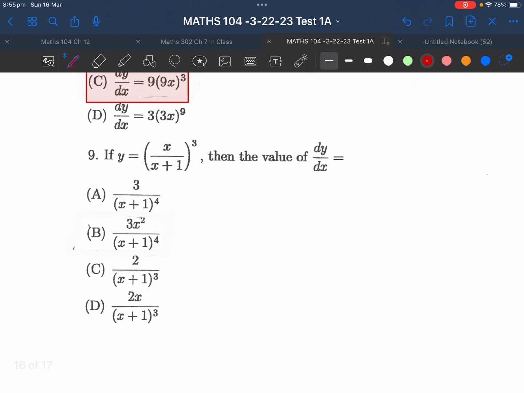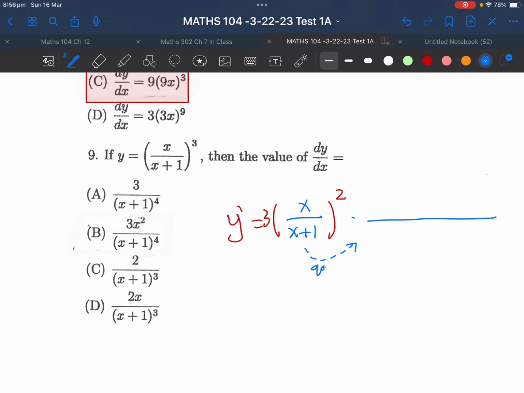The last question is this one, which we will do again using the chain rule. So if you use the chain rule, it says power of 3. All you need to do, take 3 down and subtract 1. So I will take 3 down, I subtract 1, I get 2. Keep the inner without changing the inner. And now do for me the derivative of the inner. How do we do the derivative of the inner? We use the quotient rule.